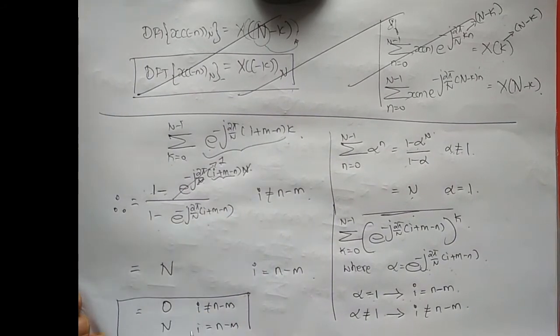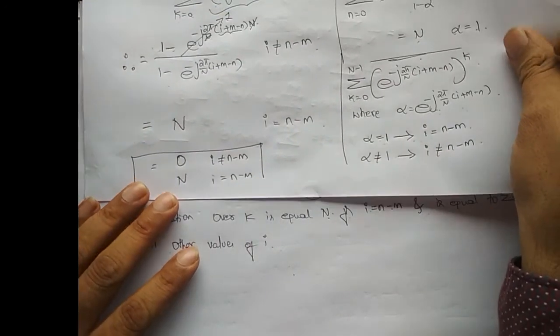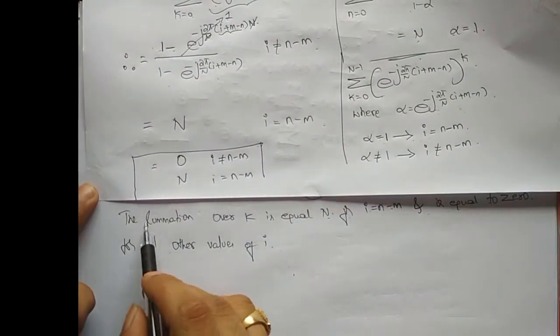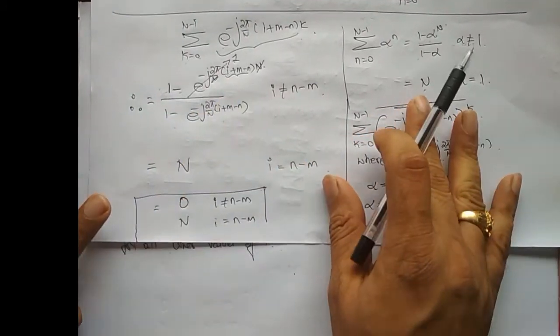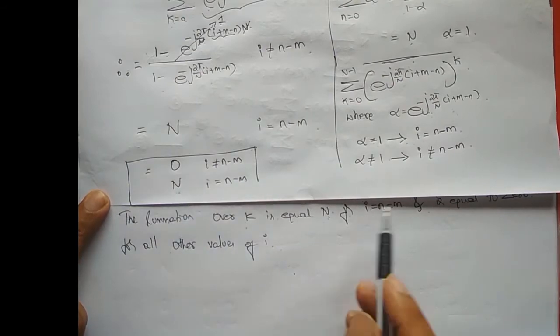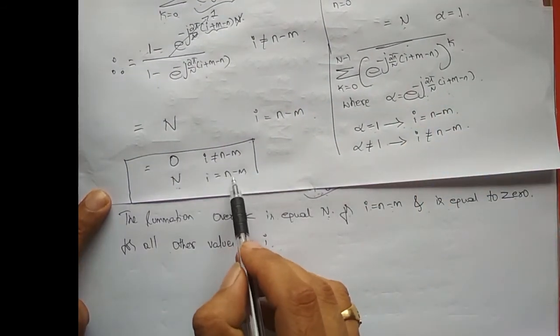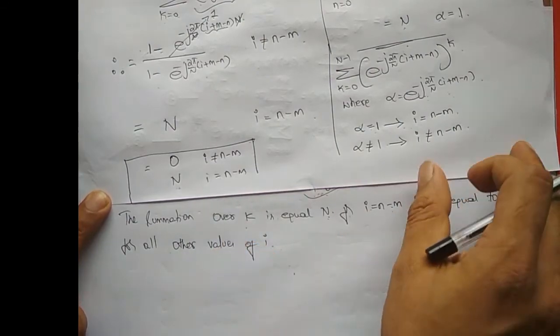So the summation over k is equal to N for I equal to N minus m and equal to 0 for all other values of I, right?